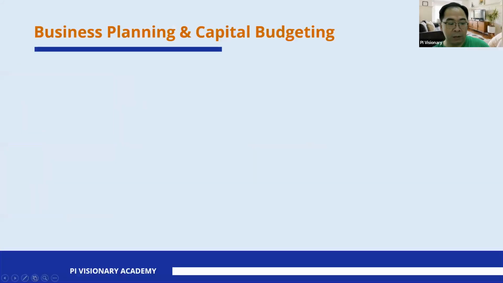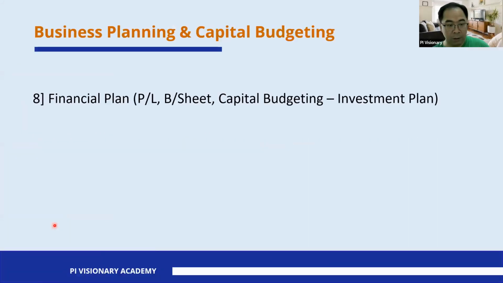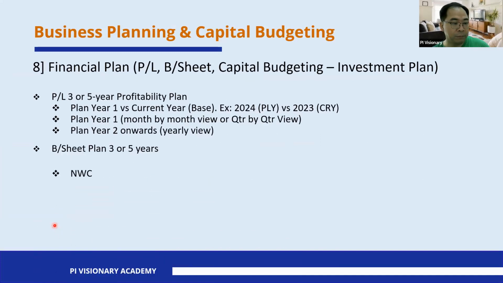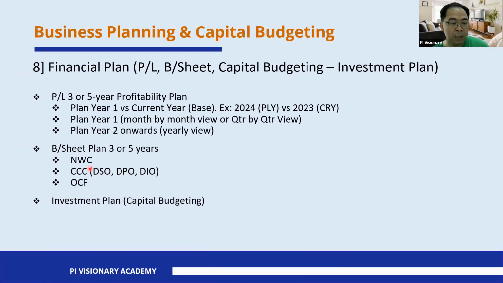What is this for? Net working capital, which we studied together last week. Cash conversion cycle, CCC, and then the operating cash flow, OCF, which we studied in week 1. All these are on the balance sheet. This is the finance director's job.